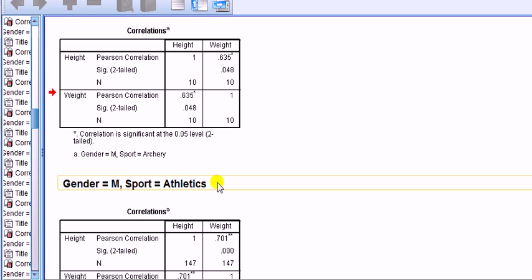But how about if we try to break it down by sport? That might be interesting, because if we break it down by sport, we can look for sports where the correlation is higher than others. Where a sport has high correlation, it means that those athletes are more similar in terms of proportion of weight and height, and that kind of suggests that the build of the athlete is important.